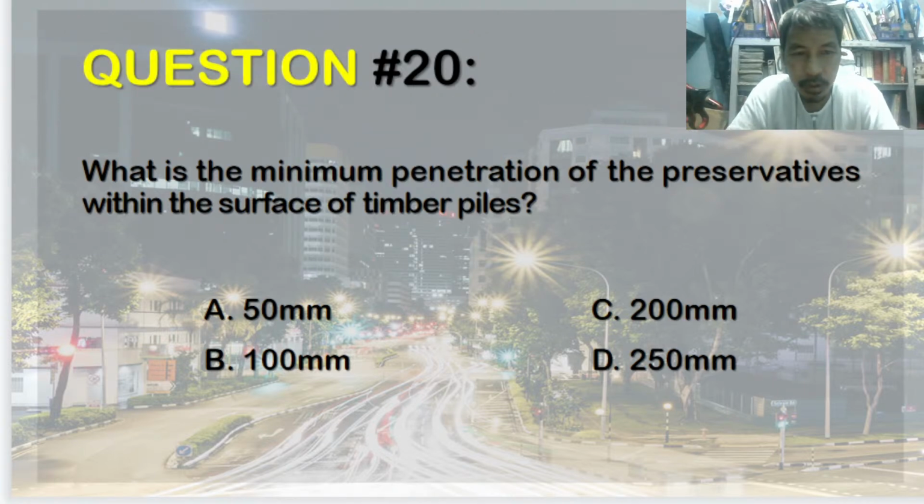Challenge question number 20, what is the minimum penetration of the preservatives within the surface of timber piles? A, 50 mm, B, 100 mm, C, 200 mm, and D, 250 mm.